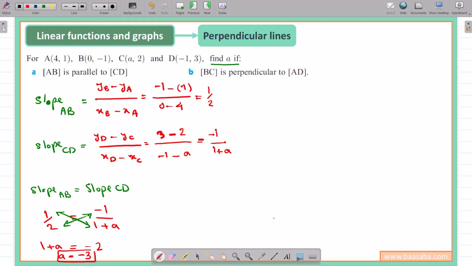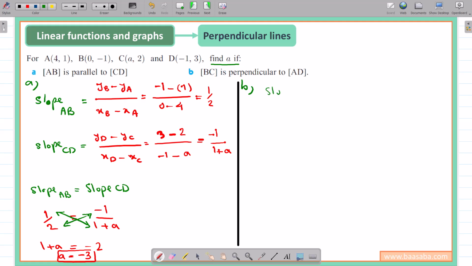Let's do the second part together. It is said that BC should be perpendicular to AD. We want to find a if BC is perpendicular to AD.